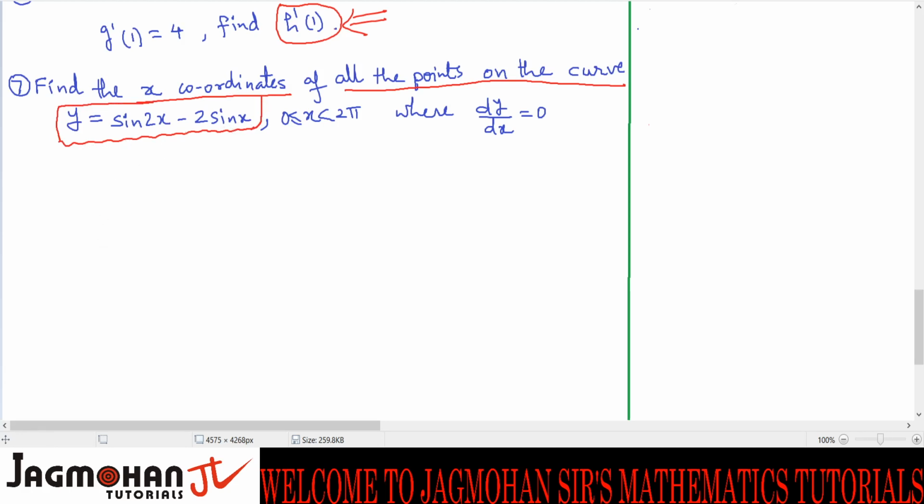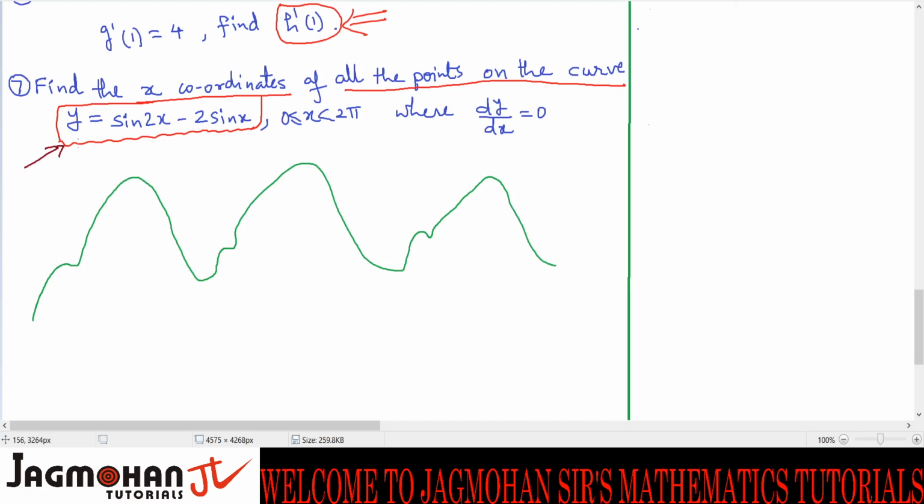So think, I draw a curve here. Okay, let me draw some curve here. Say this equation represents this curve.